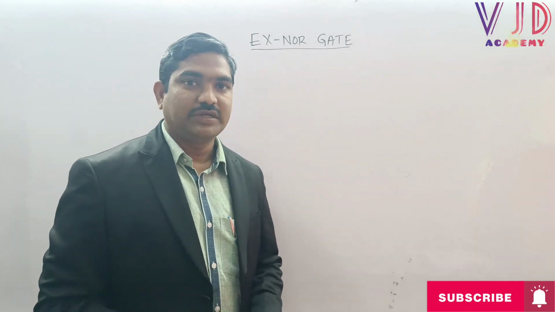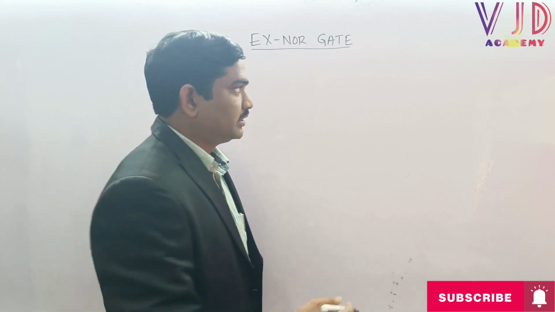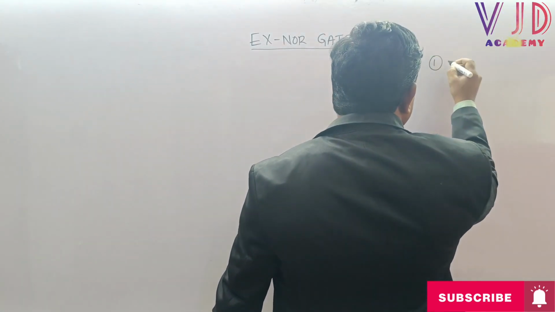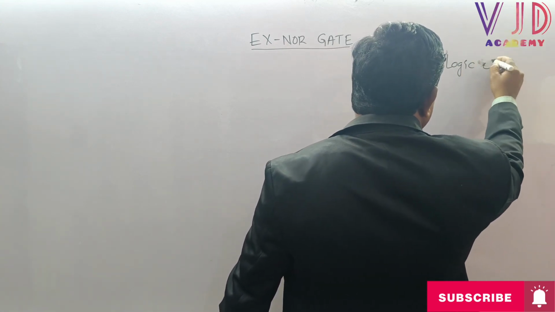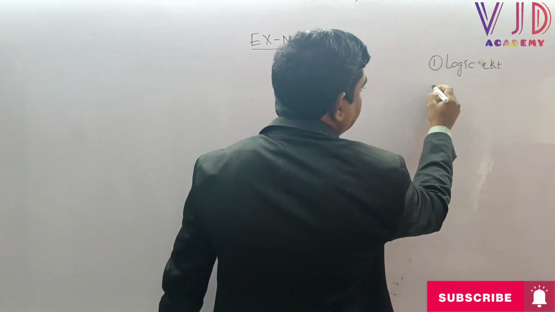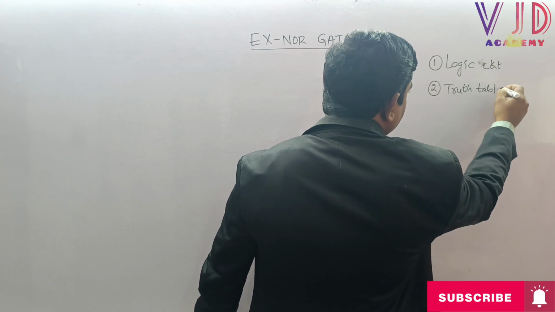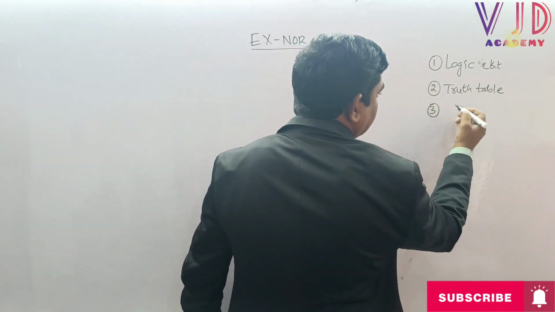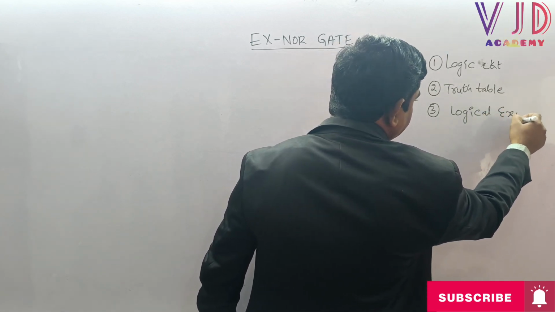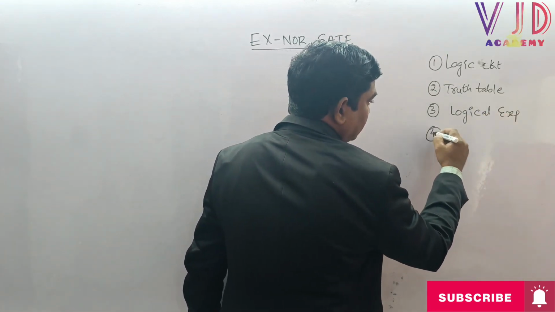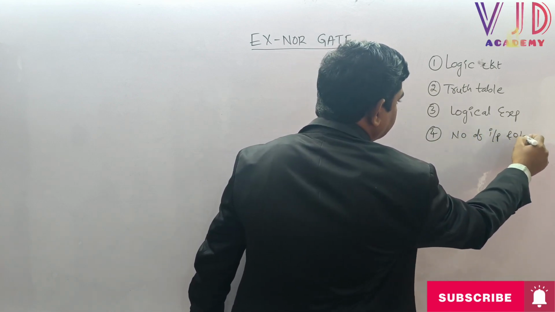I told in the previous lecture, whenever we are learning about any type of gate, we just need to remember these things. The first one is its logic circuit, and what is the truth table, and what is the logical expression, and the number of inputs and outputs.